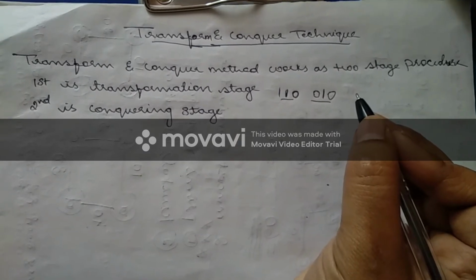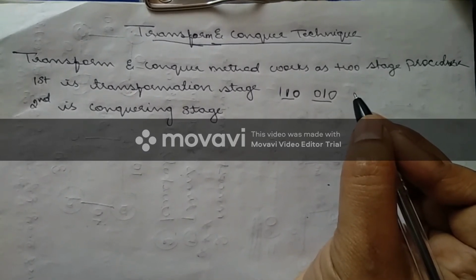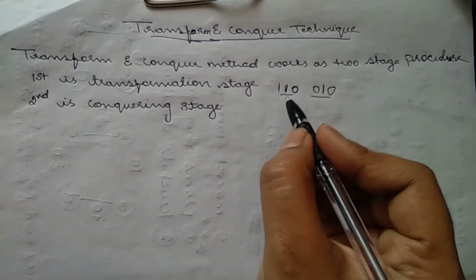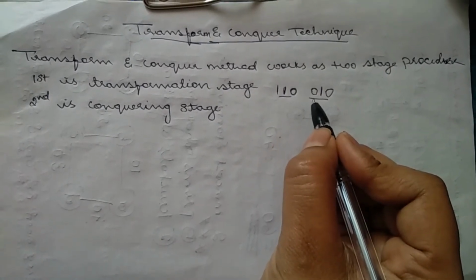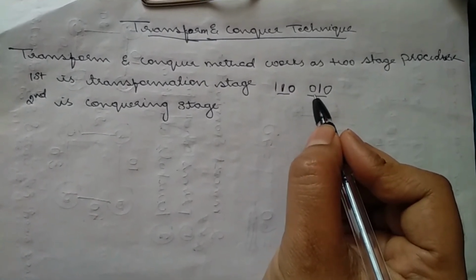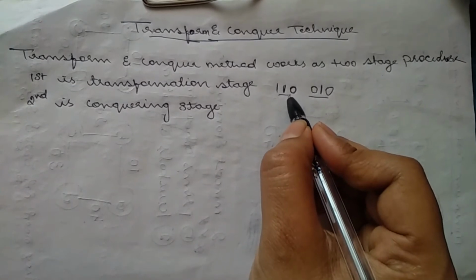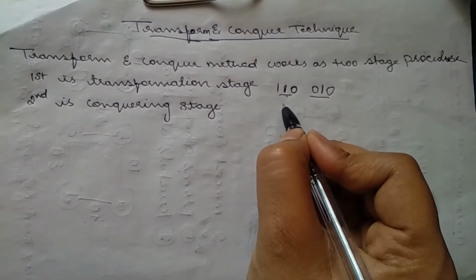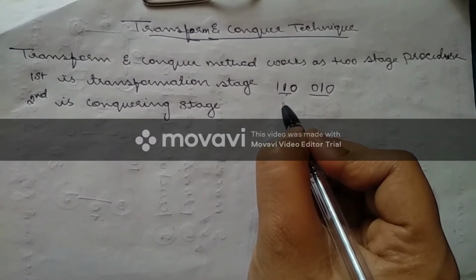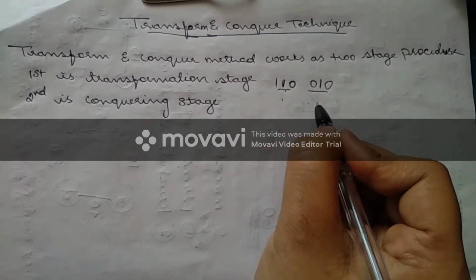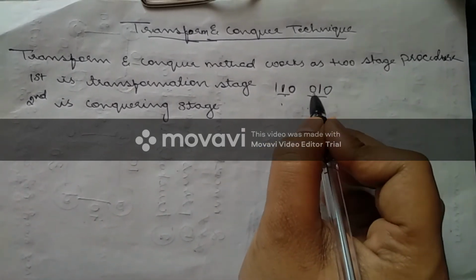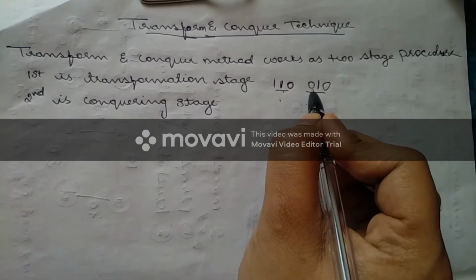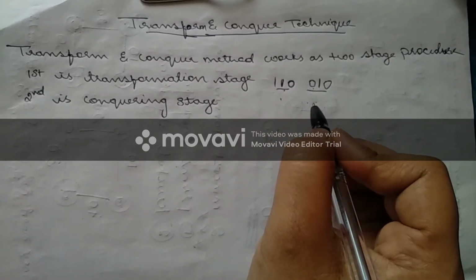It is a bit difficult for someone, it is not easy for everyone to multiply these binary digits, is it not? So what you will do, you have to transform this into your actual number digit and then you multiply, and again convert that into binary. That is called your transformation stage.